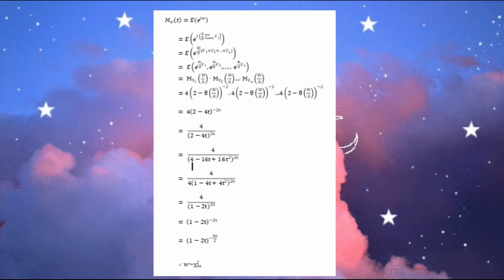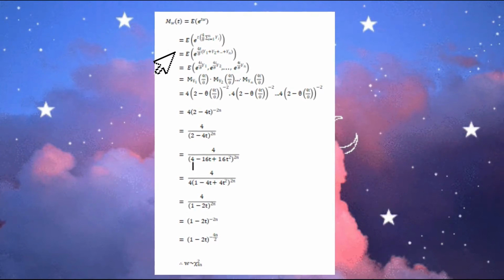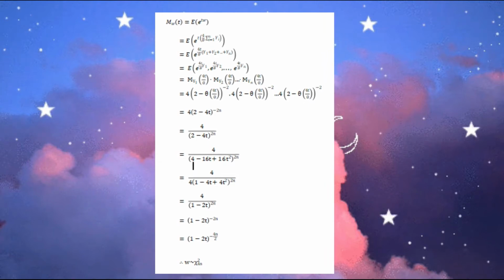So, it could be written as the expected value of e to the power of 4t over theta times (y1 plus y2 plus until yn). After we take out the constant, we expand the equation. So we expand, it could look like this.